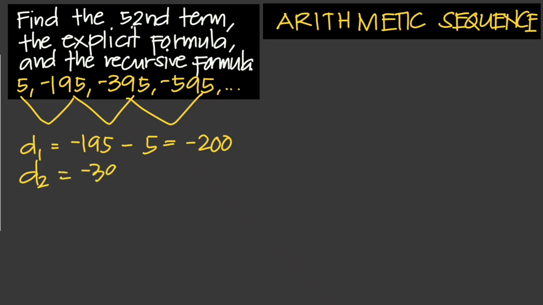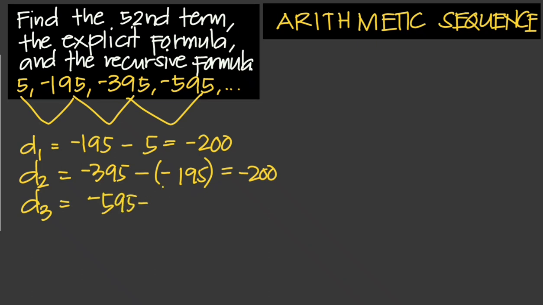Negative 395 minus negative 195 is negative 200 again. This just proves that this sequence is an arithmetic sequence. The next one is negative 595 minus negative 395, that is negative 200. Therefore, our common difference d is equal to negative 200.